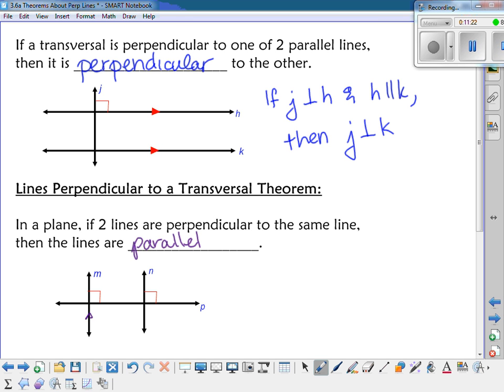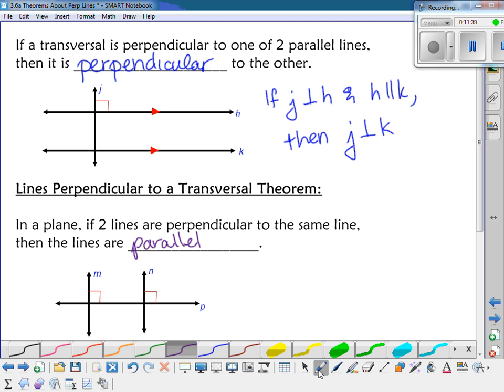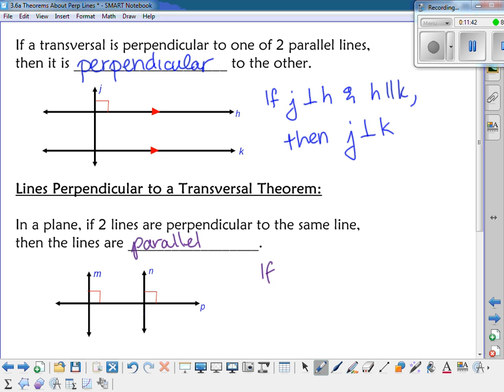If M and N are both perpendicular, they're both right angles, so by the converse of the corresponding angles postulate, you can say that the lines are parallel. So if you're given that M is perpendicular to P, and you're also told that N is perpendicular to P, then you can conclude that M is parallel to N.